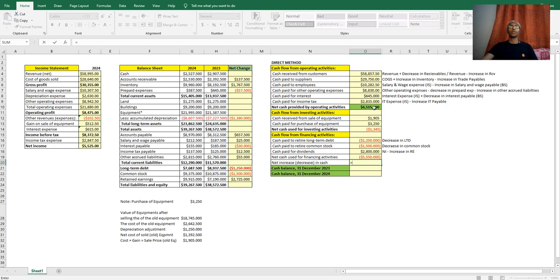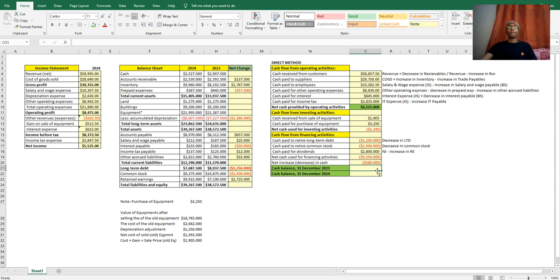We have to see net cash from operating activities is positive, plus net cash from investing activities is negative, plus net cash from financing activities is also negative. So the net result is 380. Decrease of cash, 380. If the figures are in millions, then it's 380 million basically.